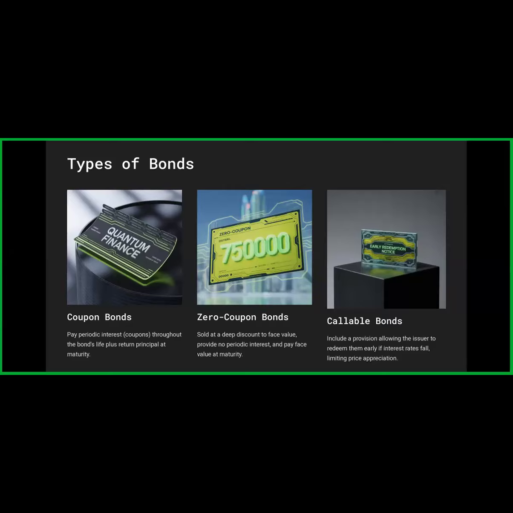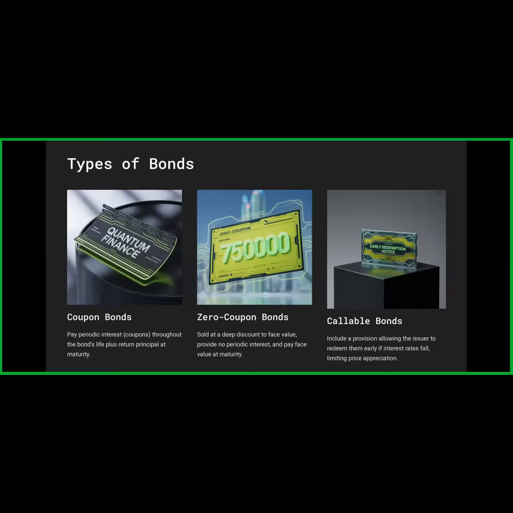So this type of bond has a provision that the investors can redeem their bonds before the maturity date. That type of bond is the callable bond, that is the early redemption notice.